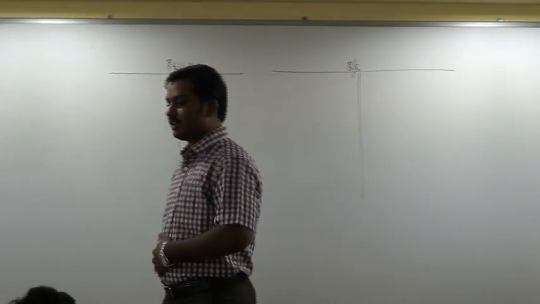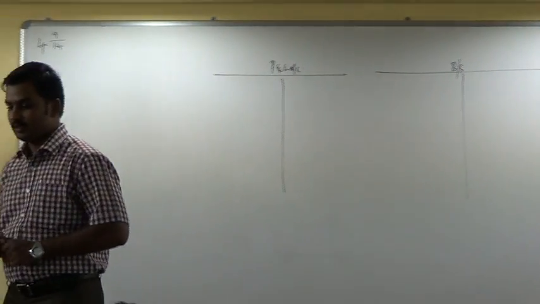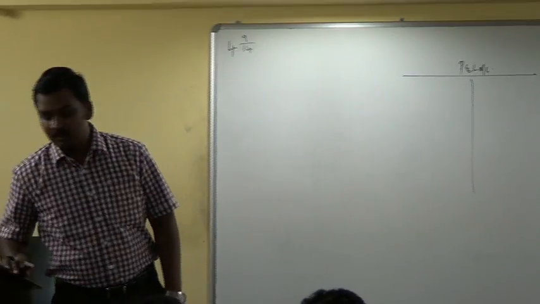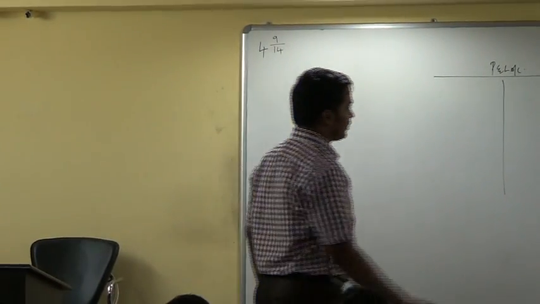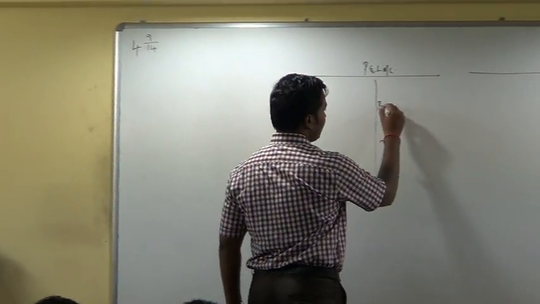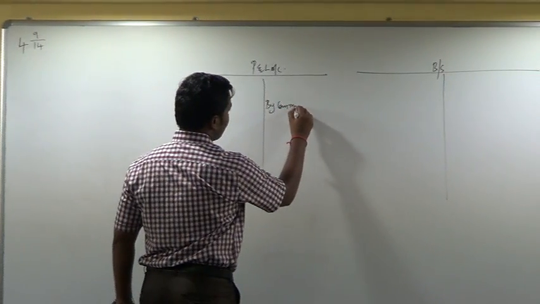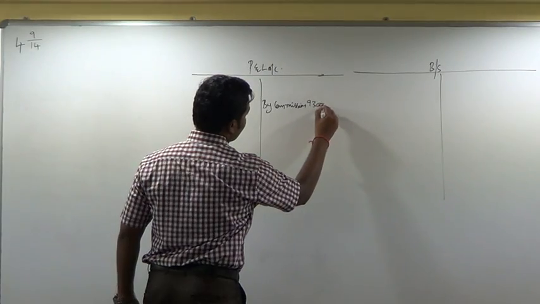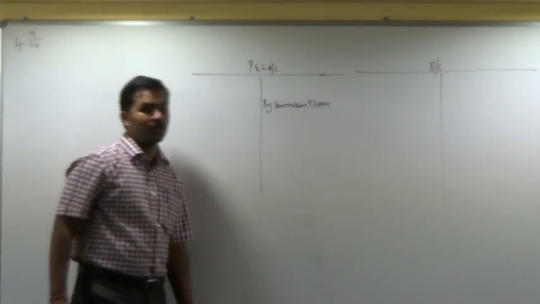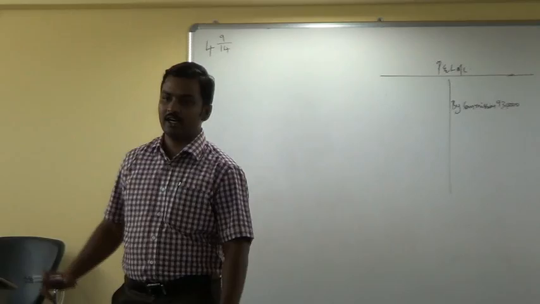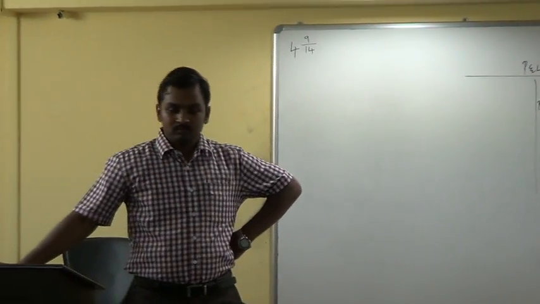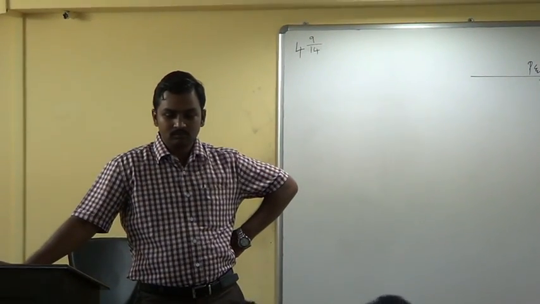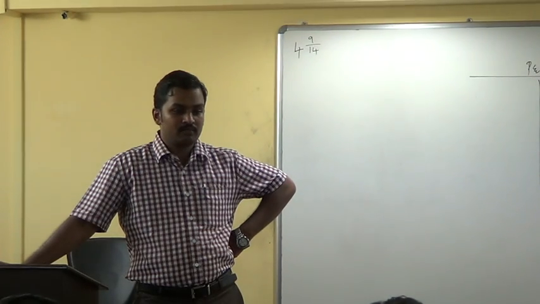Now, what is the commission income given in the trial balance? Commission income given in the problem is 9,30,000. We show it in the profit and loss account by commission 9,30,000, in the credit side, because it is an indirect income.